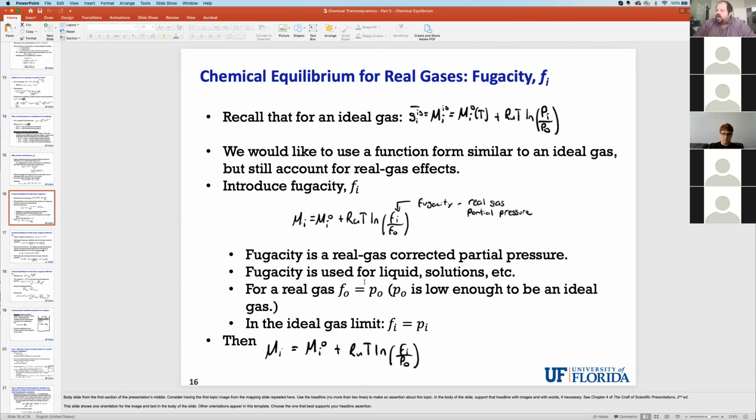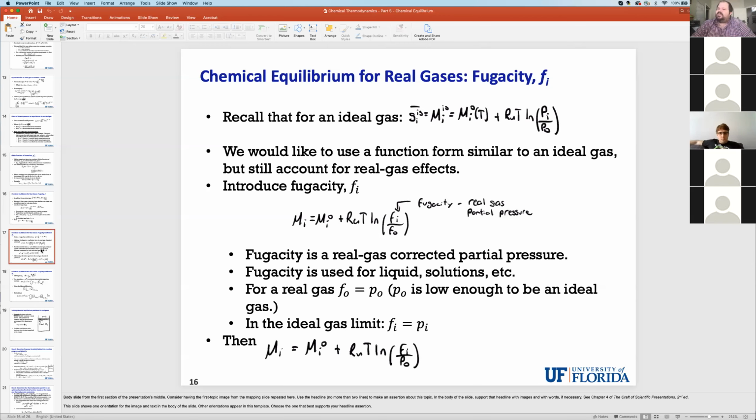Using this definition, we find that the chemical potential for a real gas is equal to the standard chemical potential at temperature T, which again is identical between an ideal gas and a real gas, plus RuT times ln of the fugacity of species i divided by P naught. So the only difference is instead of the partial pressure of species i, we have this sort of goofy fugacity term. Now basically what on earth do we do with this?